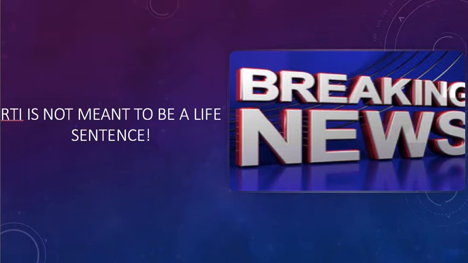Breaking news, people. I can be very honest with you guys and tell you this has been my biggest piece of learning over this summer as I've spent time trying to learn more about the RTI process. RTI is not meant to be a life sentence. There's been some direction given to us in the past where we may have believed that a student would basically be a Tier 2 student. They need some extra interventions and they just kind of always need that.